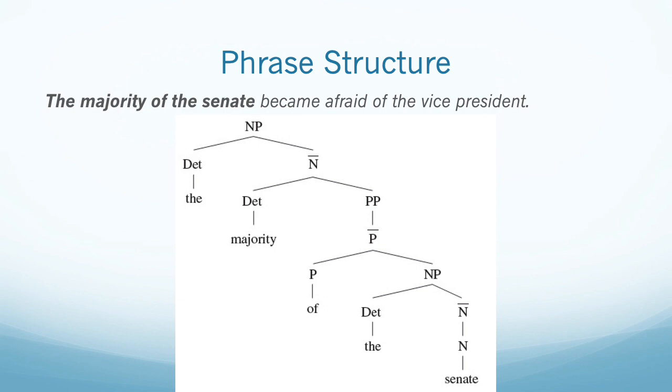So what's important here to note is that the prepositional phrase of the Senate is modifying majority. That's why this prepositional phrase is branching off of that intermediate level.